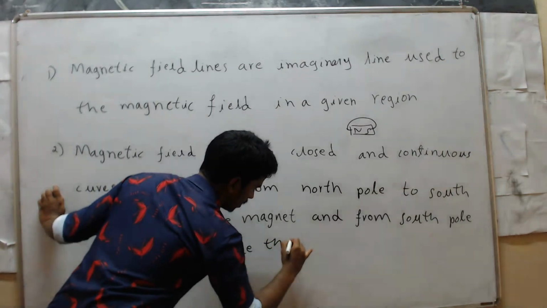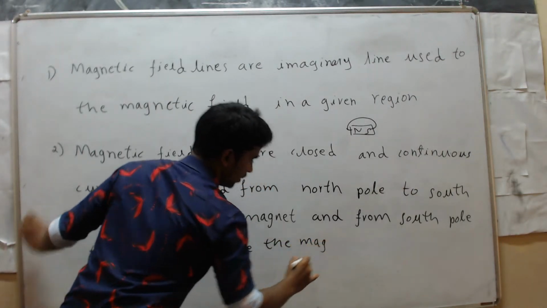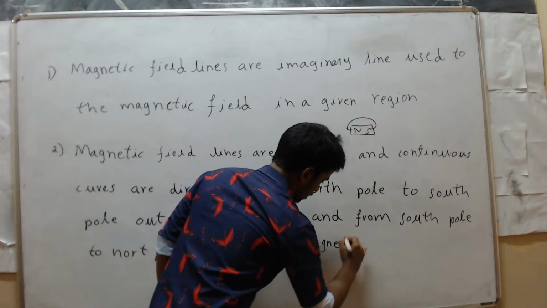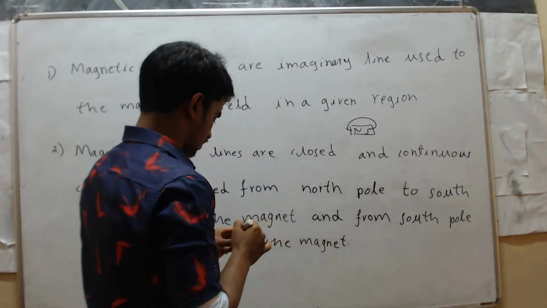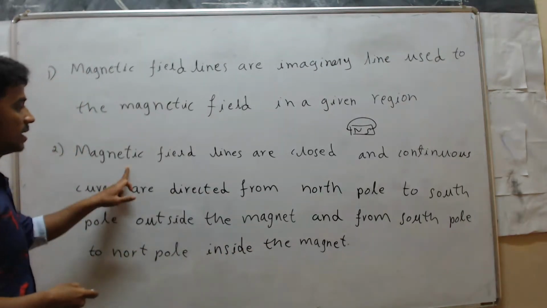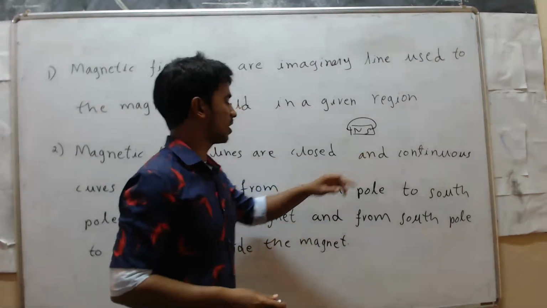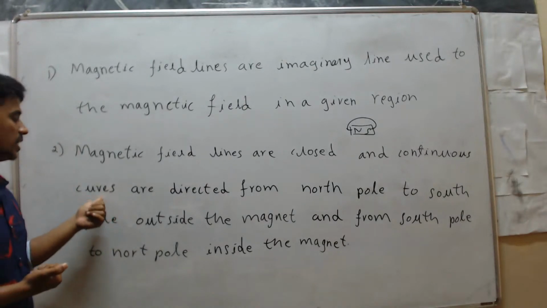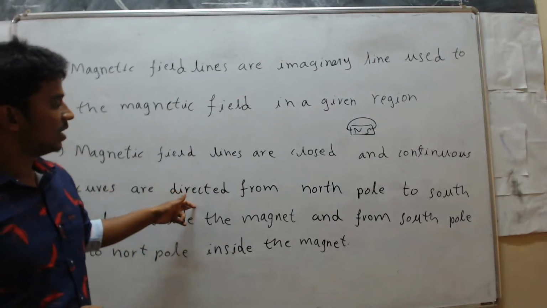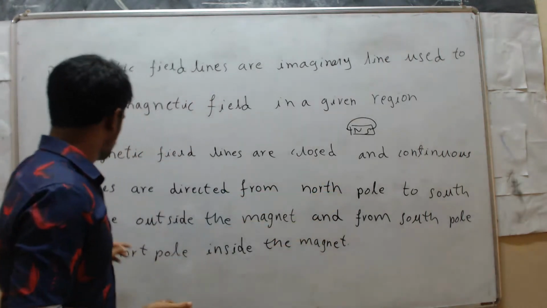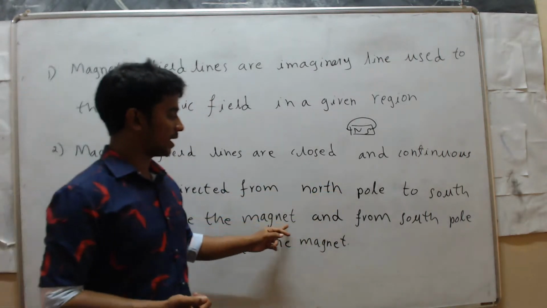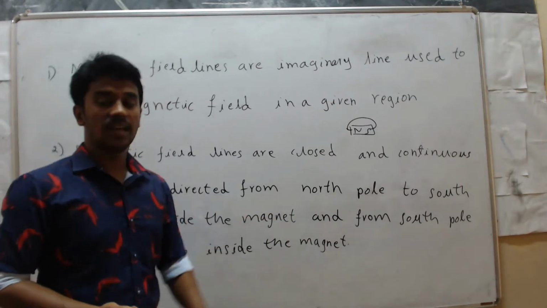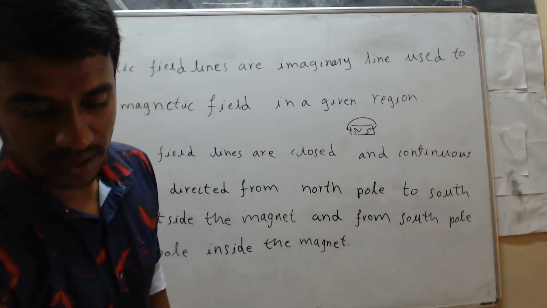So here, the second property: magnetic field lines are closed and continuous curves, directed from north pole to south pole outside the magnet and from the south pole to north pole inside the magnet.